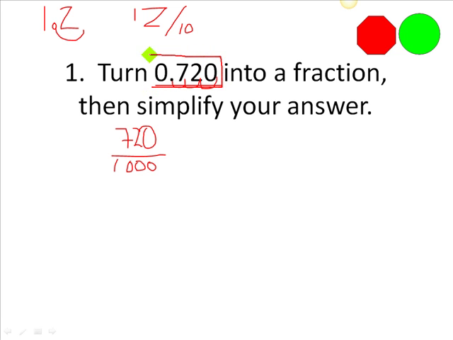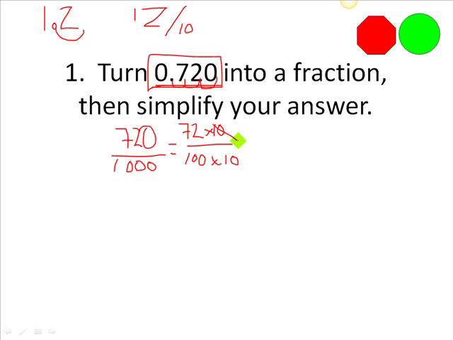However, we need to simplify this. So how do you simplify something? Well, you can factor it, and then you can cross out the same factors that are in the numerator and the denominator. First of all, 72 times 10 is 720, and 100 times 10 is 1,000.